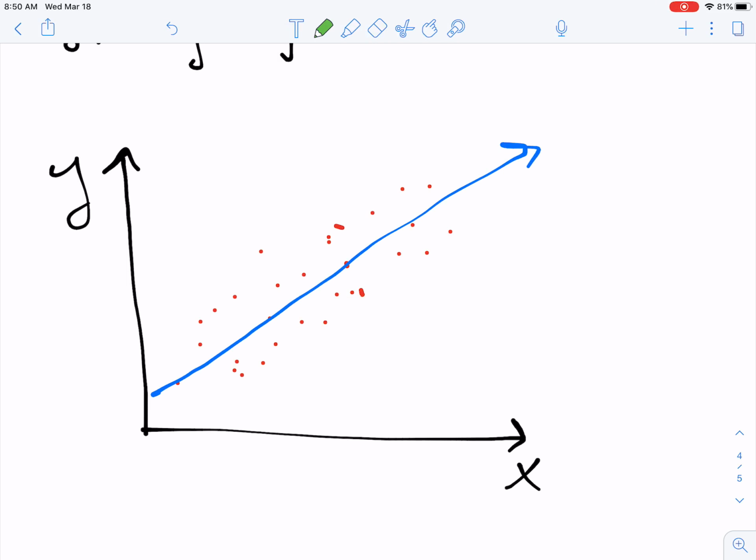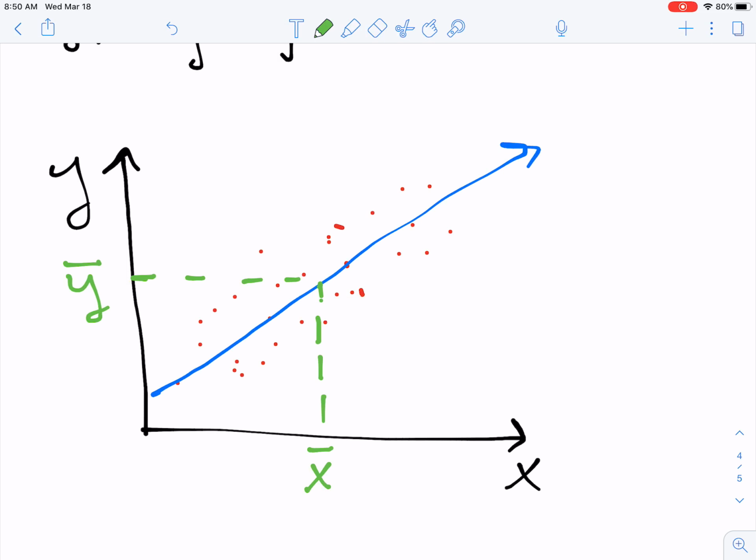One important characteristic of these regression lines when we use least squares is that there's a special point that's on every single regression line. That point is x bar, y bar. So in other words, this blue regression line will always go through the point x bar, y bar.